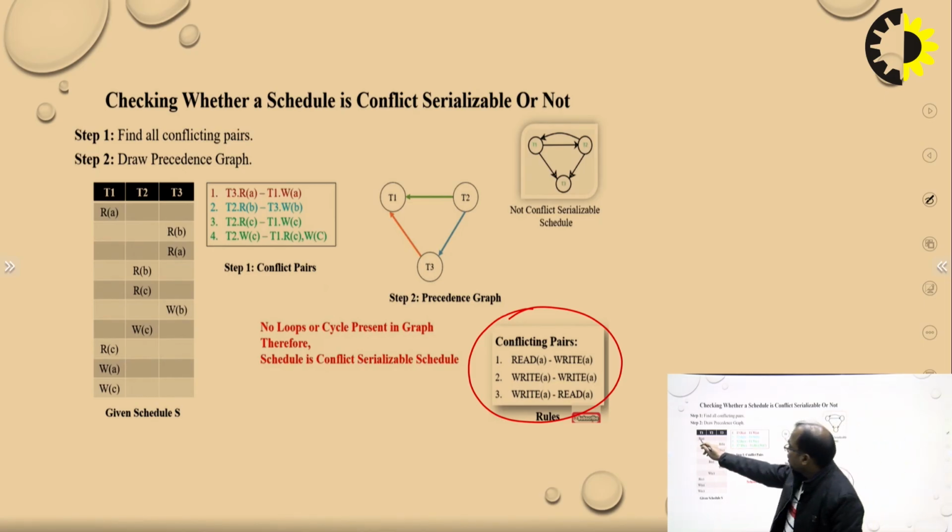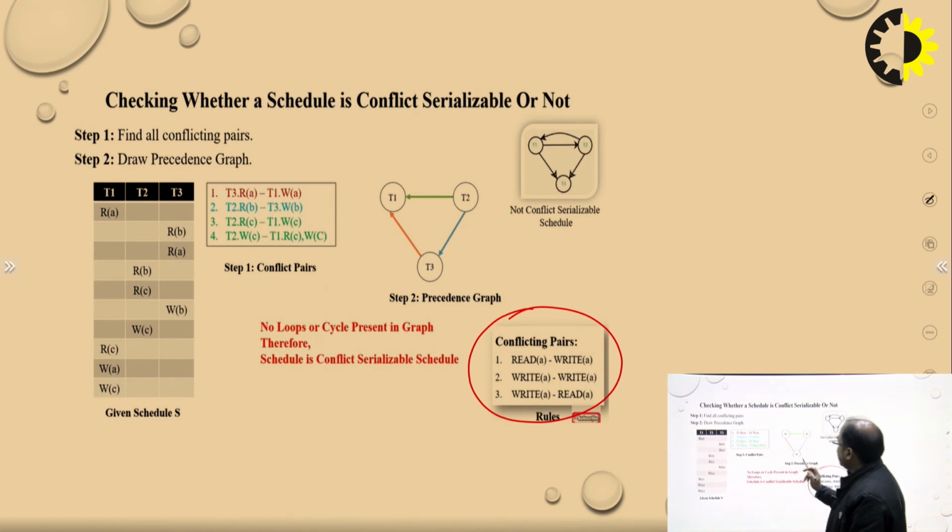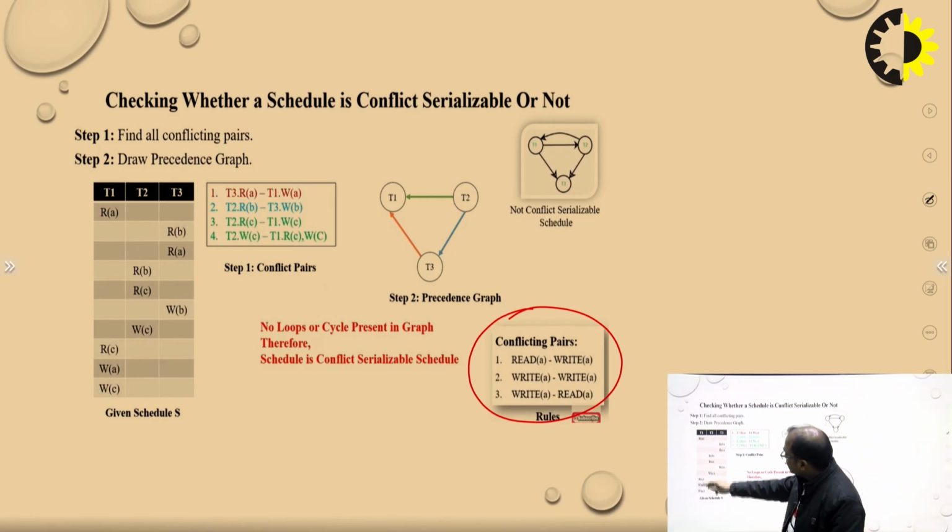Now first is the read of A. A read conflicts with a write, so for read of A we look for a write of A in another transaction. Is there a write of A?